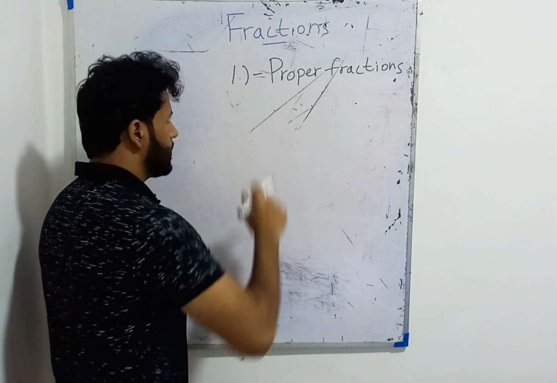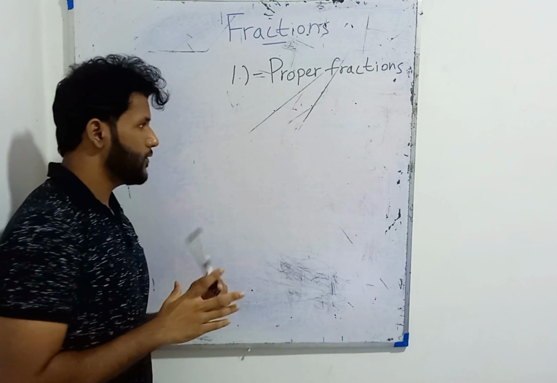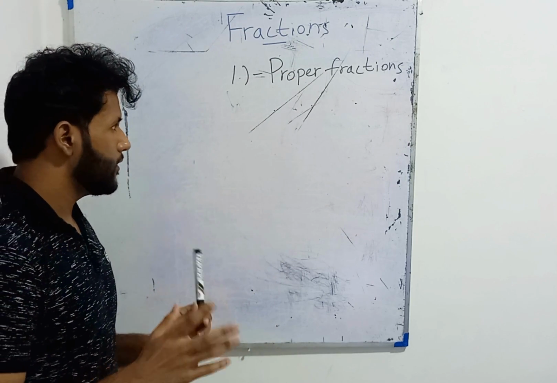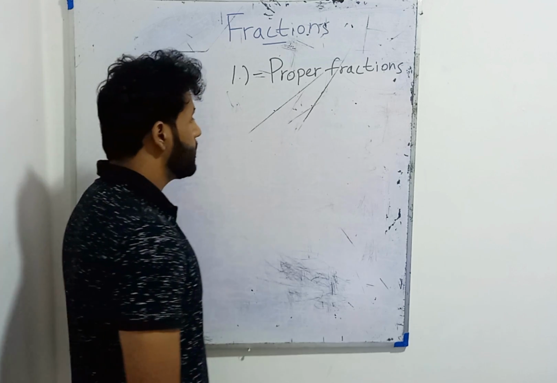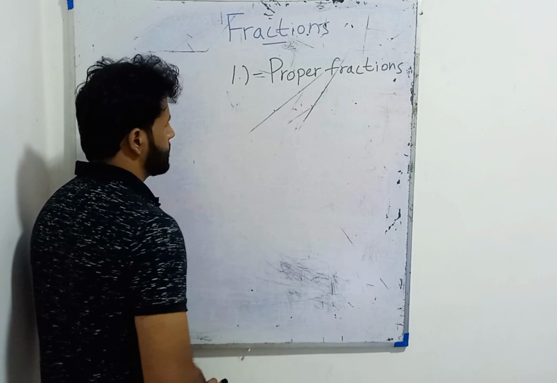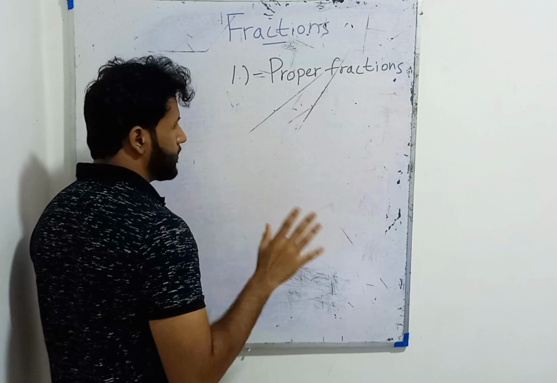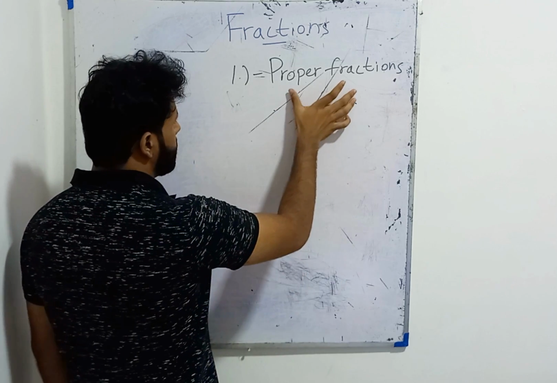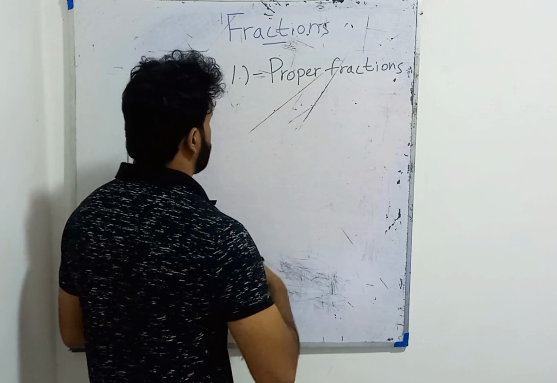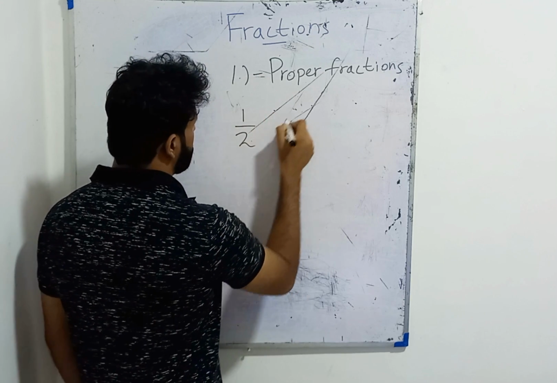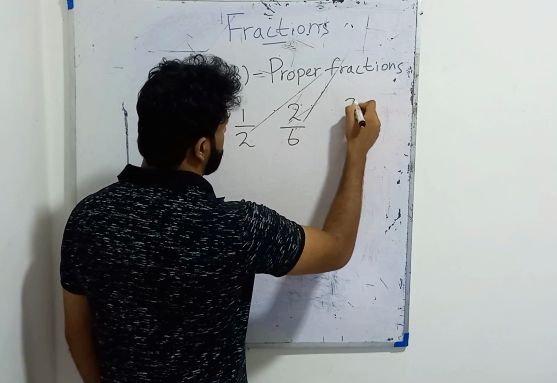For proper fractions, we have to consider the numerator and denominator. If the denominator is greater than the numerator, then we call it a proper fraction, just like 1/2, 2/6, 2/3.